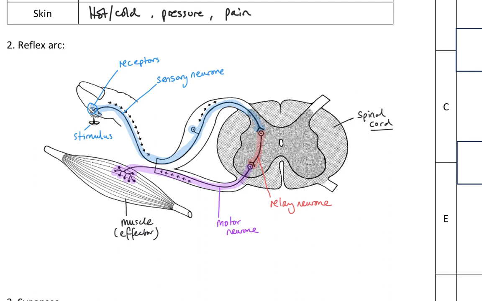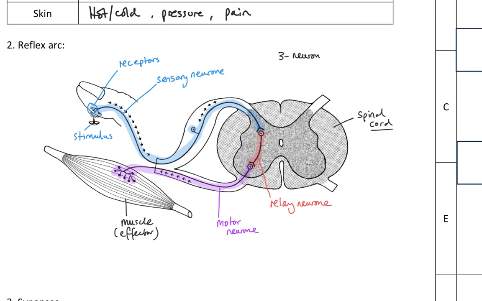So we have to be able to describe from stimulus to response how the nervous system works, and we're going to go through that on the next part of the sheet. The only thing I want to say here is why we have a reflex arc. Well, it's only going through 3 neurons. So from stimulus to response, it takes 3 neurons.